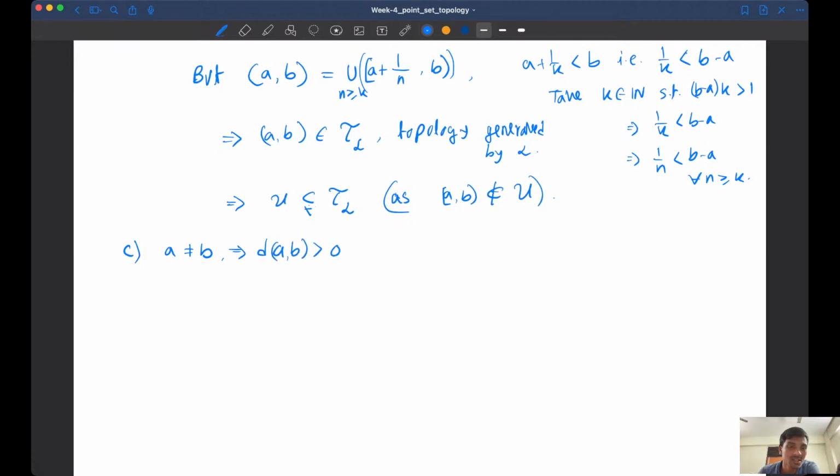Once you have this greater than 0, say this is r, you consider the ball of radius r/2 around a and b as well. Then the intersection of those two balls will be empty. That's a property of metrics. Whenever you have a metric space and two non-equal points, you can separate those points by open neighborhoods of them. So that's the Hausdorff property.